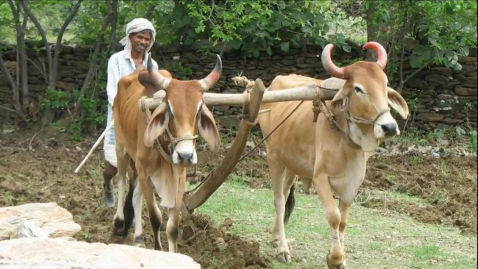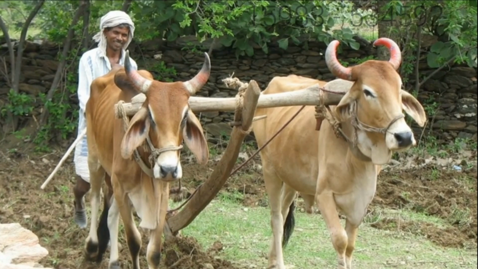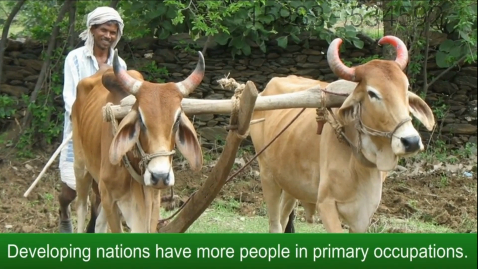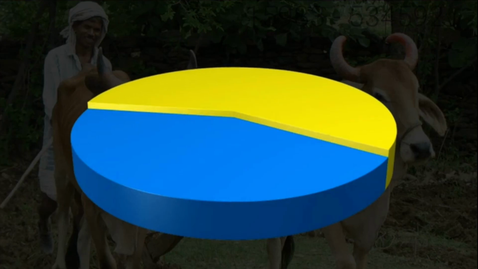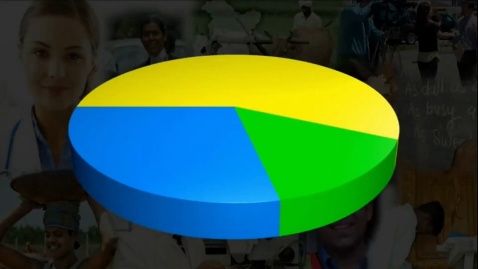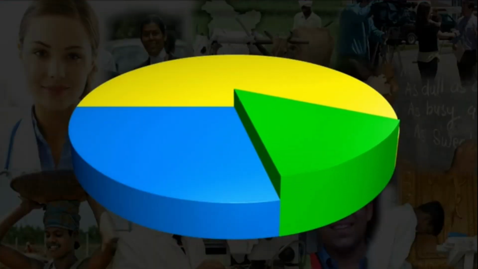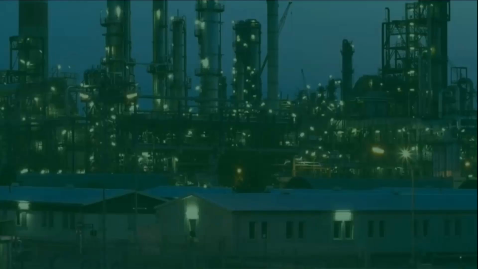On the other hand, developing nations have a higher proportion of people involved in primary activities. About 64% of the people in India are associated with farming and allied occupations. On the other hand, 13 to 20% of people are involved in secondary and tertiary occupations.